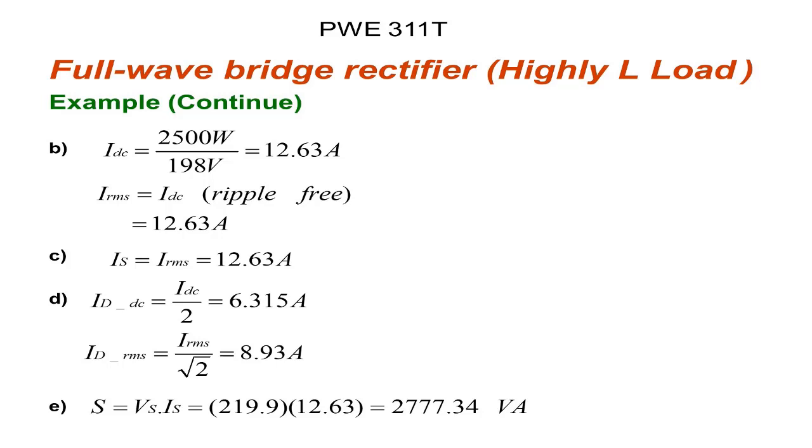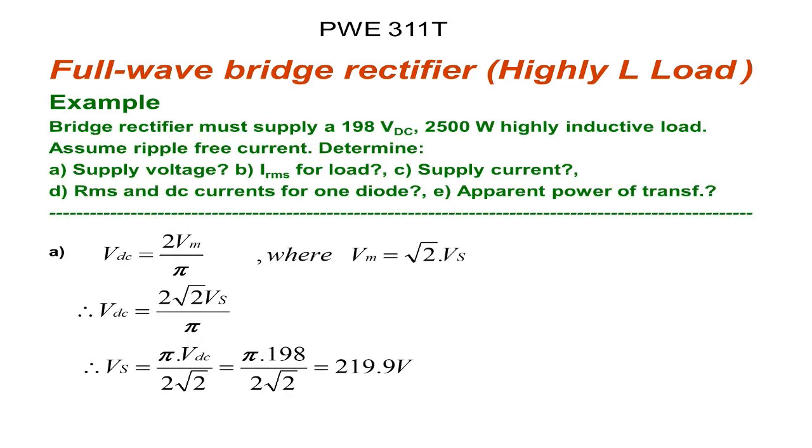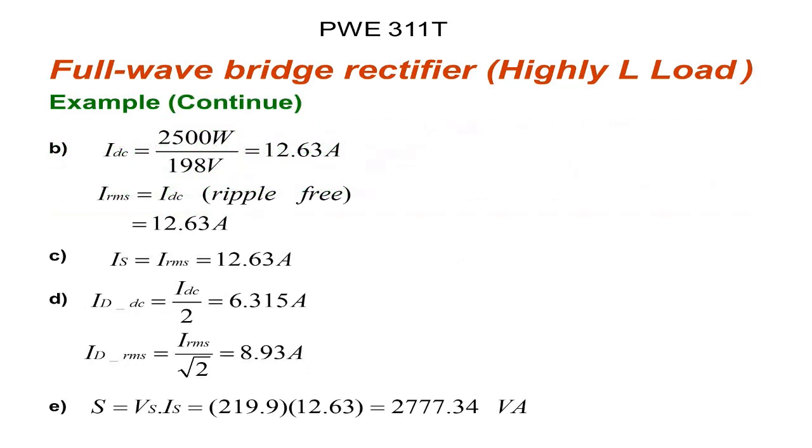Then ID RMS is IRMS over root 2, so 12.63 divided by root 2 gives 8.93. Then you are also asked to calculate the apparent power of the transformer, which is IS times VS. VS is 219.9, IS is 12.63, so you get 2777.34 VA. Got it?